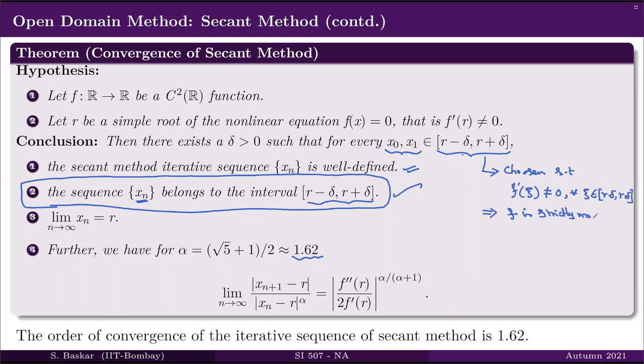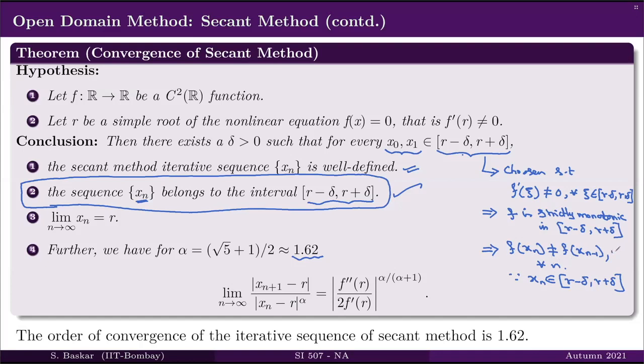That implies f is strictly monotonic in this interval. That means f of xn is not equal to f of x_{n-1} for all n. Why? Because all xn's now belong to our delta neighborhood. That is what we have already proved. And in this delta neighborhood, f is strictly monotonic.